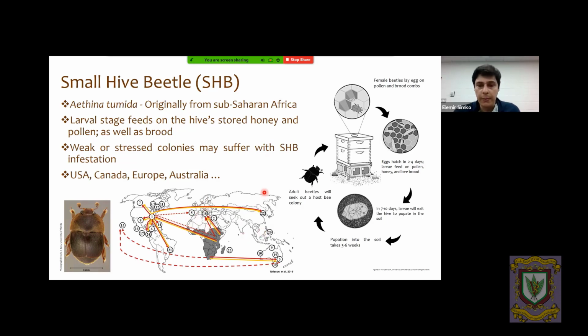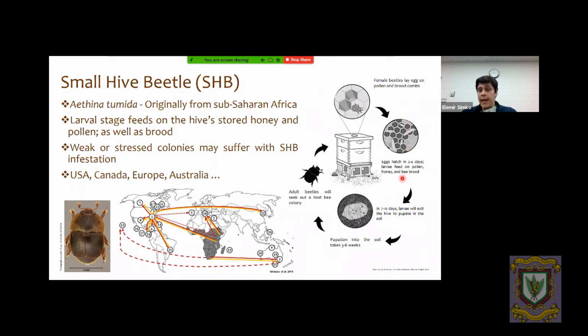Regarding the cycle, it usually starts with a female adult beetle laying eggs on the frames. We can see this, it lays a mass of eggs. In 2 to 4 days, those eggs will hatch into larvae, and they will start feeding on stored pollen or honey, or even brood.